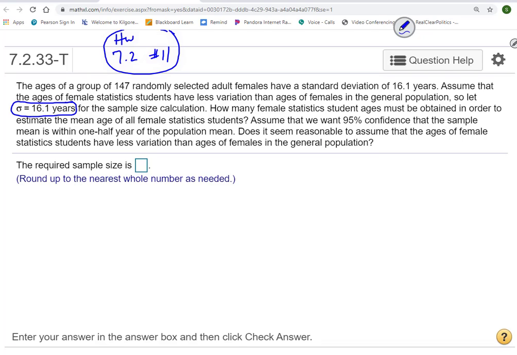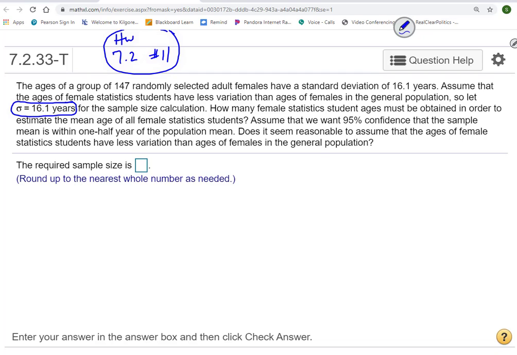How many female statistics students' ages must be obtained in order to estimate the mean age of all female statistics students? Assume that we want 95% confidence that the sample mean is within 1/2 year of the population mean. Does it seem reasonable to assume that the ages of female statistics students have less variation than ages of females in the general population?